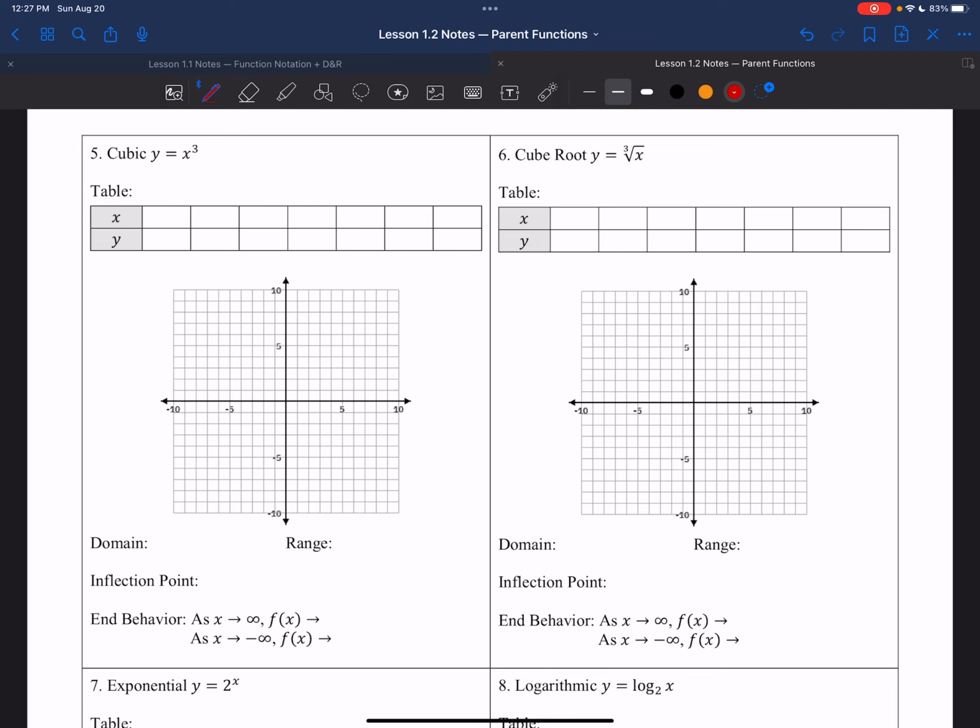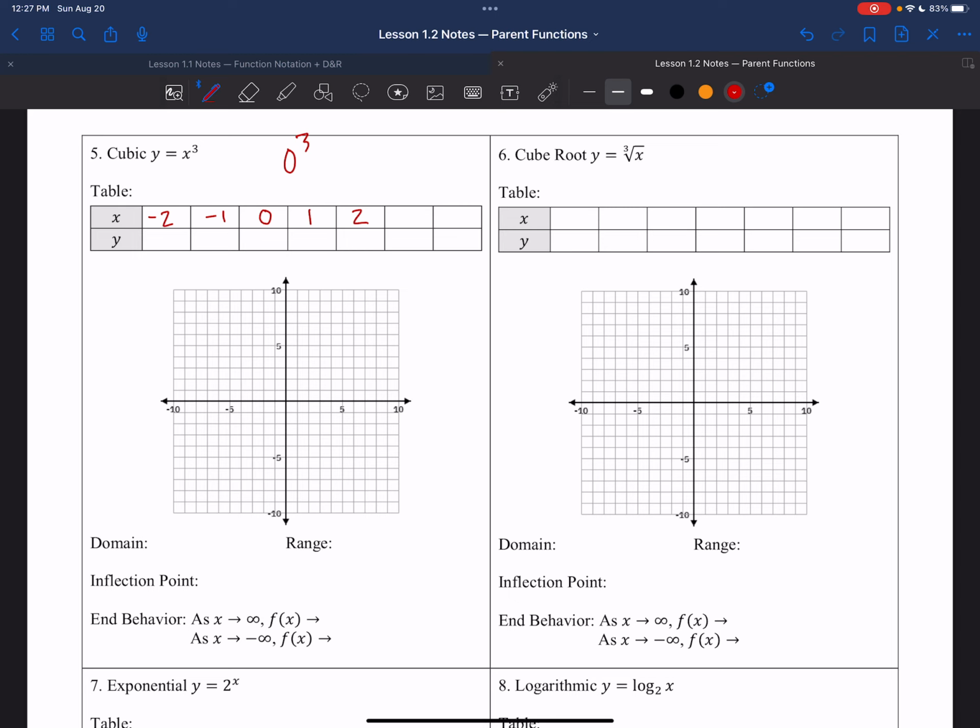Okay, the next up is the cubic function. Now we're really getting into Algebra 2 functions. It's possible you saw the square root function, but I don't know if y'all have seen cubic and cube root, things like that. So let's look at it. Again, we'll do -2, -1, 0, 1, 2 as a basis. What is 0 cubed?